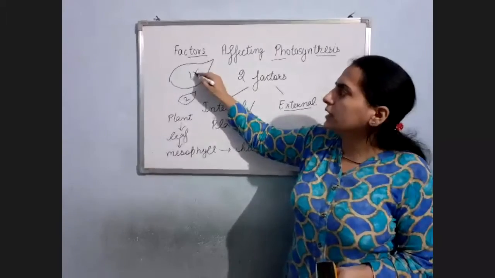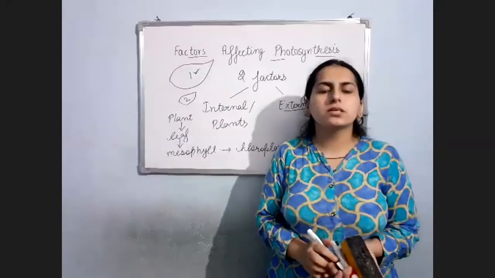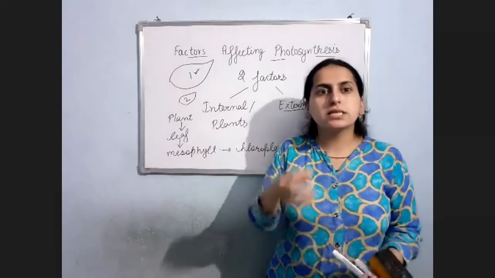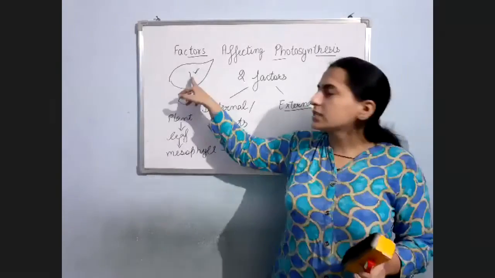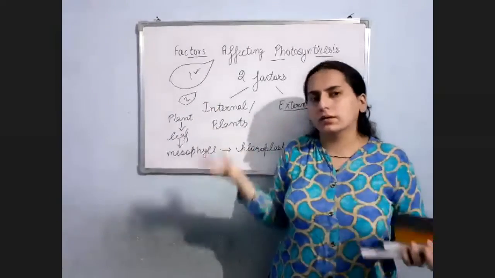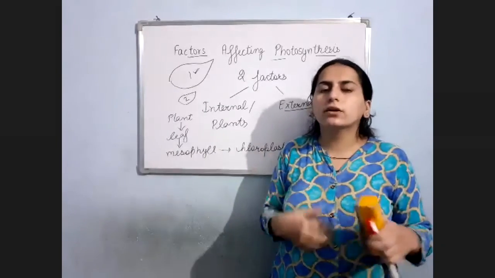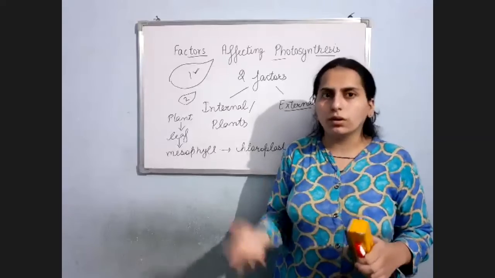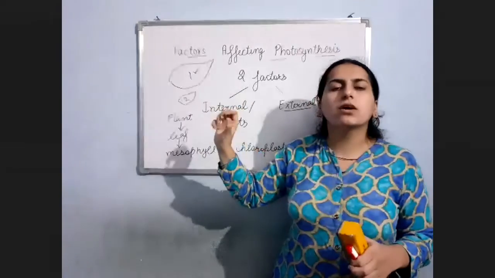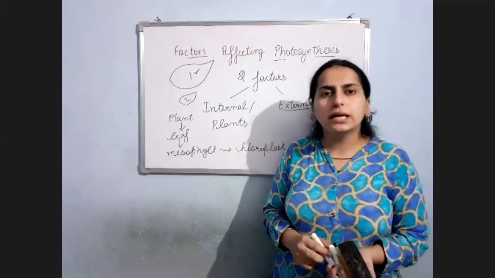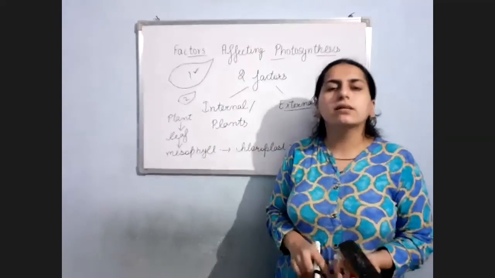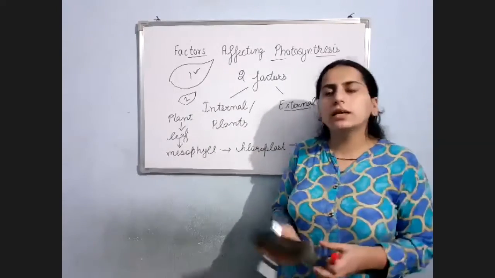In the first leaf, the process of photosynthesis would be more. If the size of the leaf is big, then obviously the rate of photosynthesis would be more. And if the surface area of the leaf is somewhat less, then the photosynthesis would be less. So first internal factor is size of the leaf.